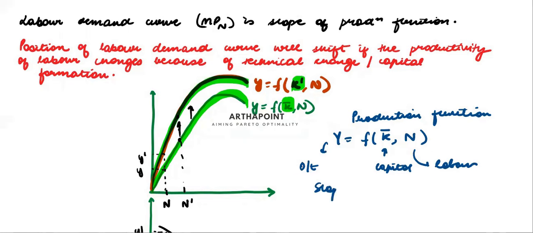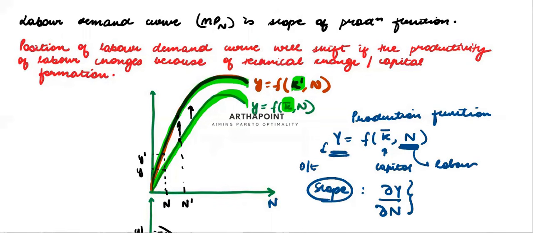The slope of anything is given by how Y changes when something on the x-axis changes. So x-axis is labor. This is the slope of the production function. But what is this? This just tells me how my output changes when my labor changes.